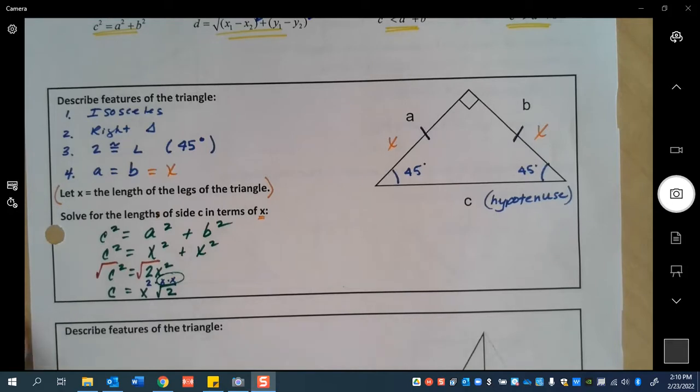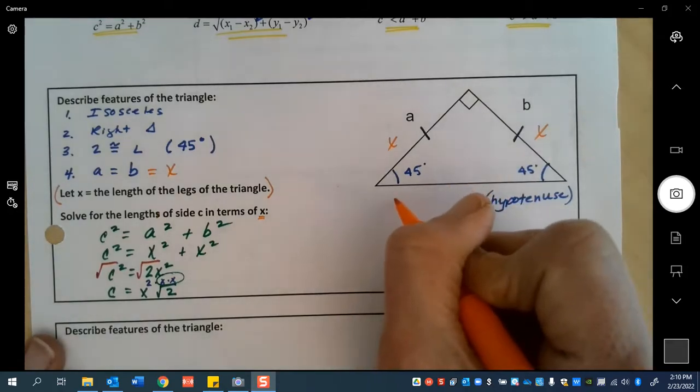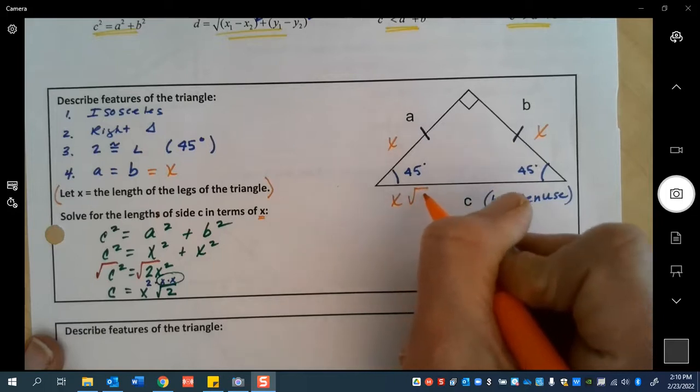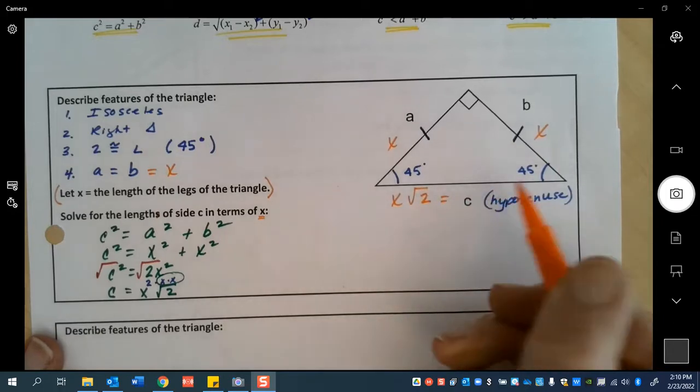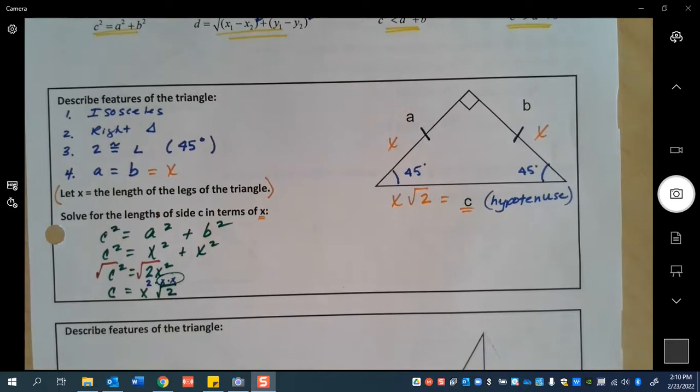Yeah. So that means that the side length times the square root of 2 is always going to be equal to the length of your hypotenuse.